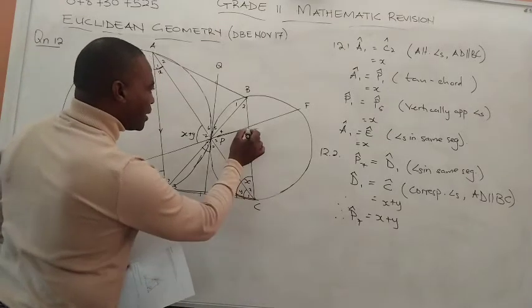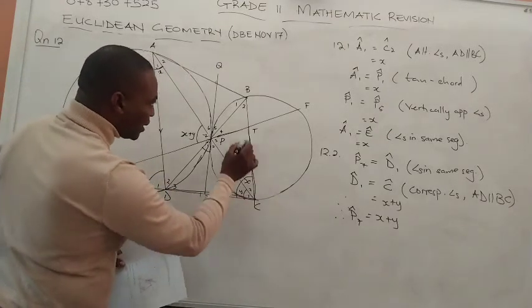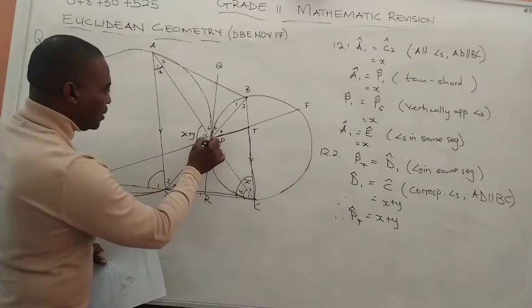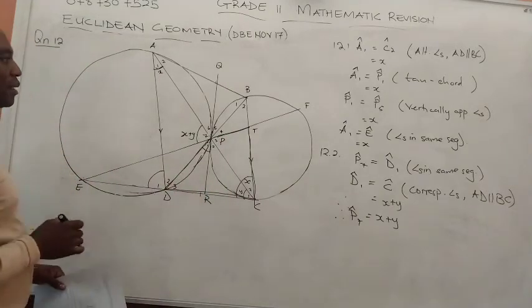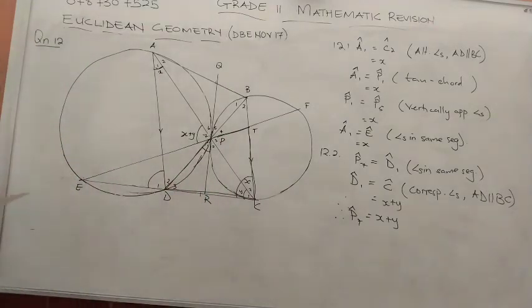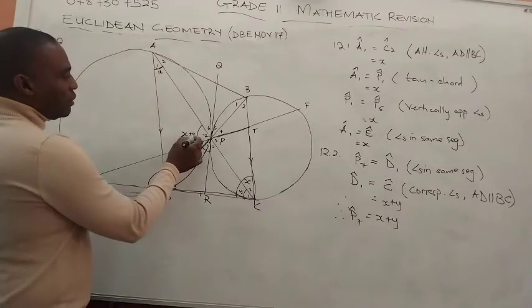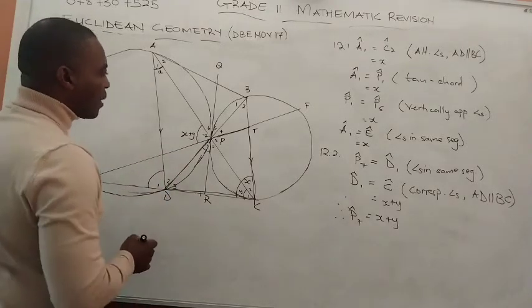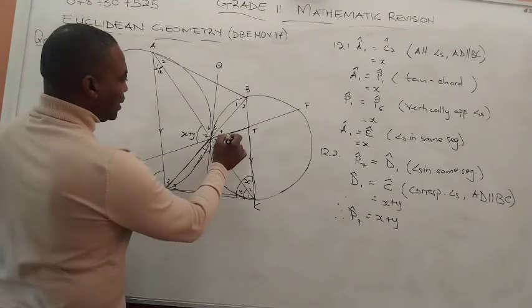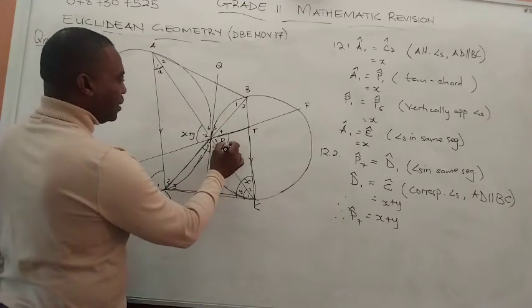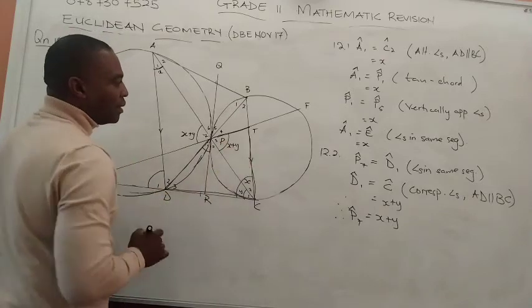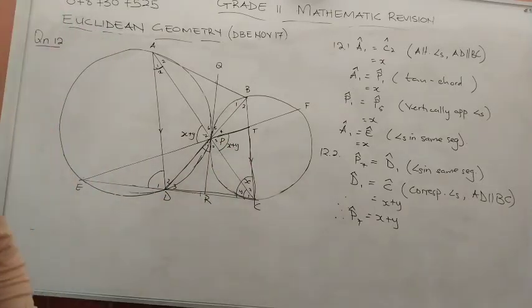So the examiner is trying to tell us to use the angle properties of a cyclic quad. So what do we notice now? How do we go about it? The last question we did was P7. That would mean that angle P3 is x plus y. So we can start from there.